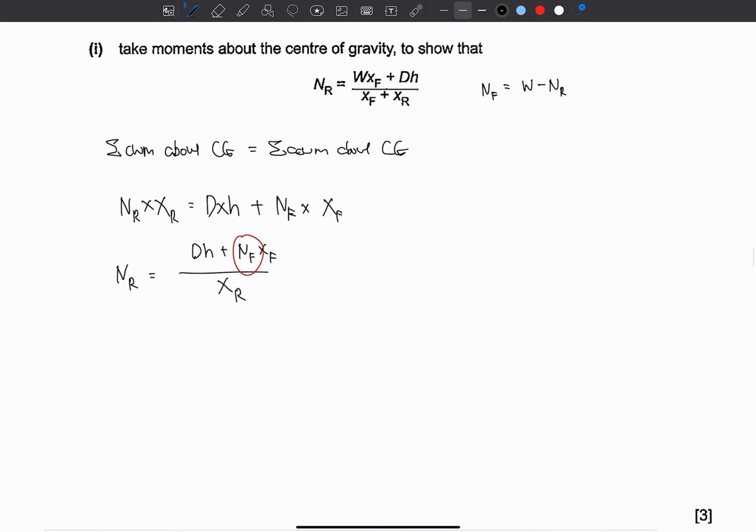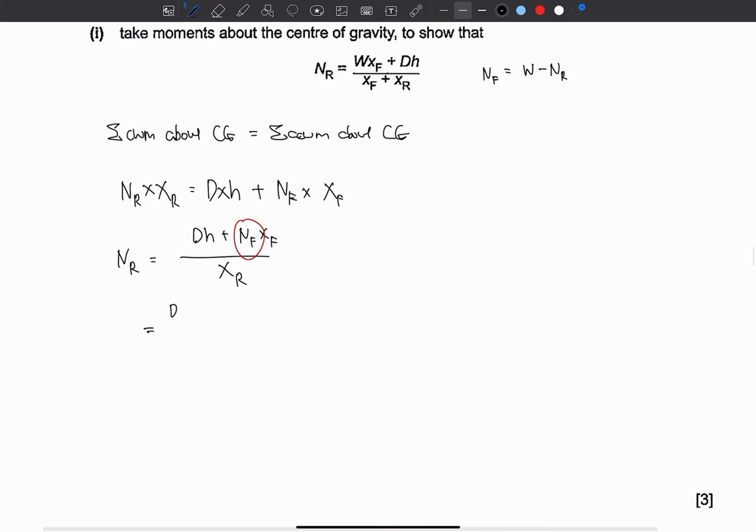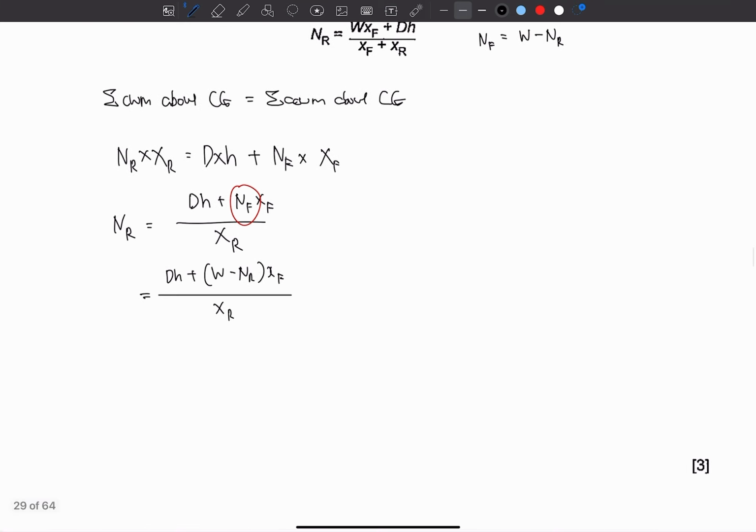So we're going to sub that in, right? DH plus W minus NR multiplied by XF, all over XR. As you can see, we need to move the denominator back, then expand this.